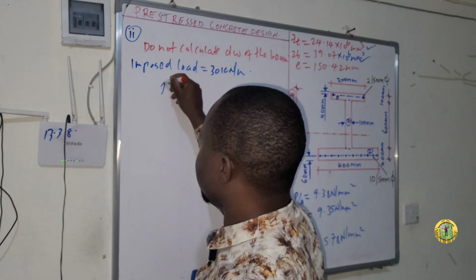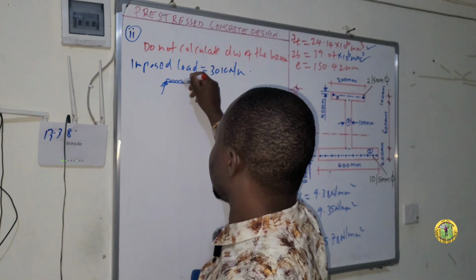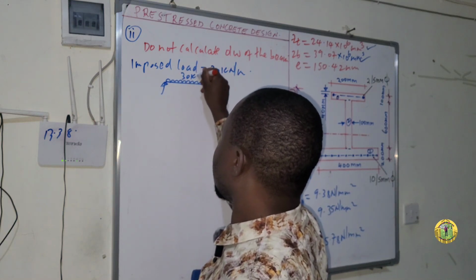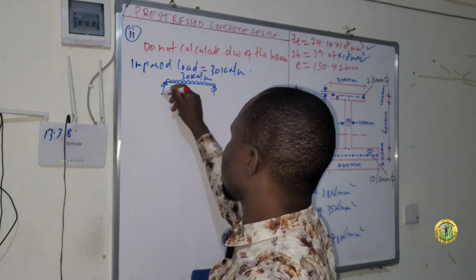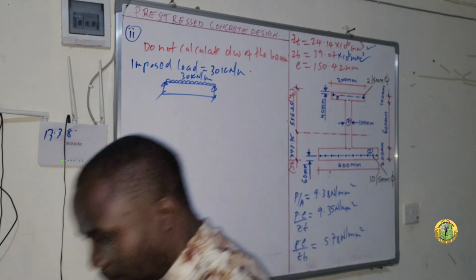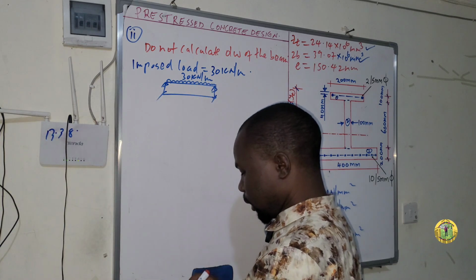So if this is the beam, this will be the imposed load, which is 30 kilonewton per meter, and the length of the beam is 10 meters.